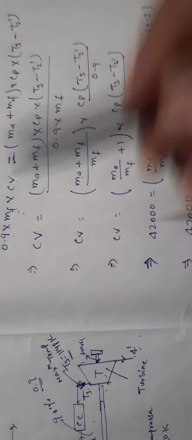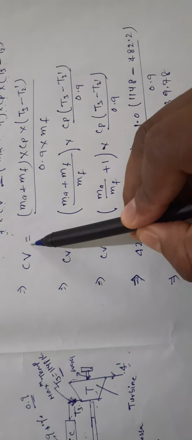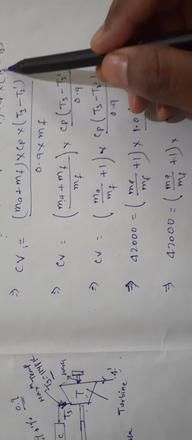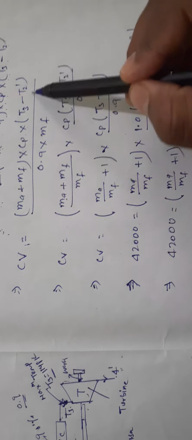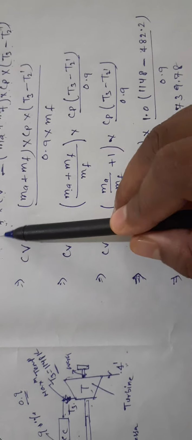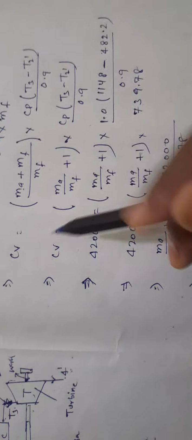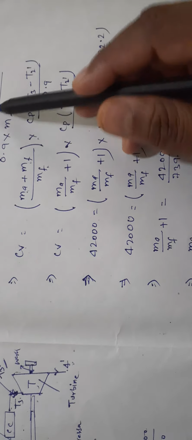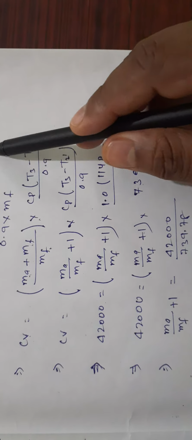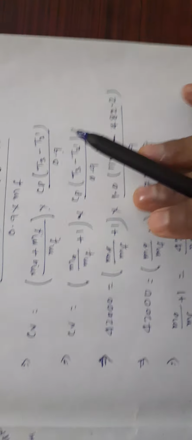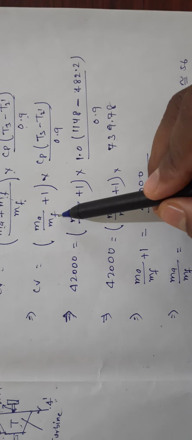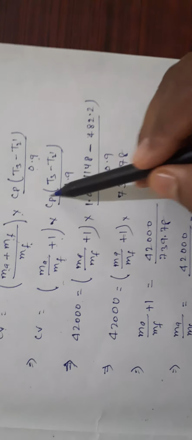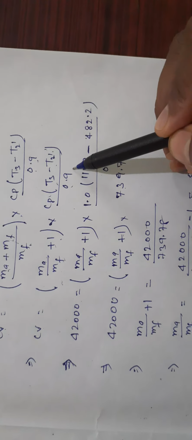This is the formula. So the calorific value Cv is equal to (Ma plus Mf) into Cp into (T3 minus T2 dash) divided by 0.9 into Mf. This equation can be written as Cv is equal to (Ma by Mf plus 1) into Cp into (T3 minus T2 dash) by 0.9.